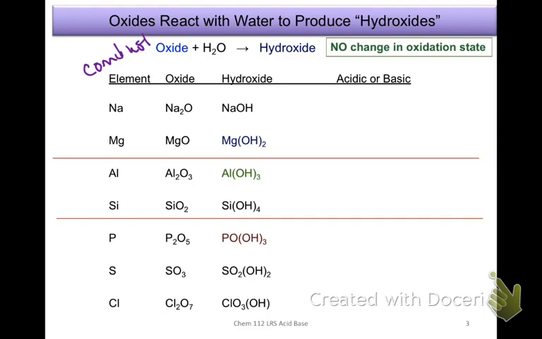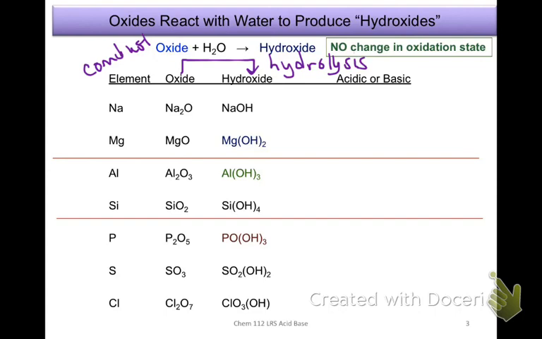If I put the oxide in water, hydrolysis happens. Hydrolysis just means reaction with water. And the product is called a hydroxide because it has an O and an H on that substance.